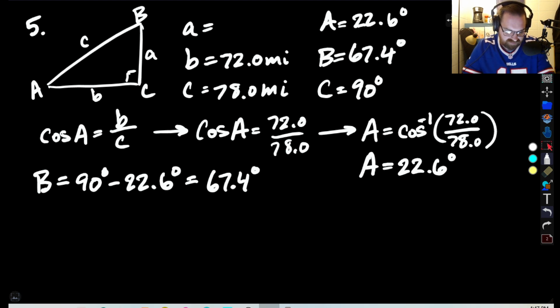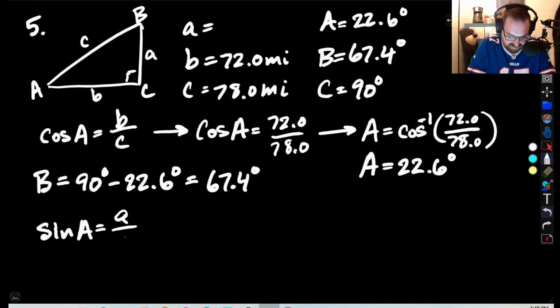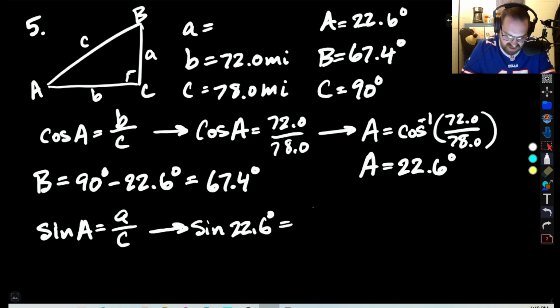I know that opposite over hypotenuse is sine, so that's the one I'm going to use. So the sine of A is going to equal my A over my C, which in this case is sine of 22.6 degrees. My A is my unknown, and my C is given to me. This is going to be 78.0.